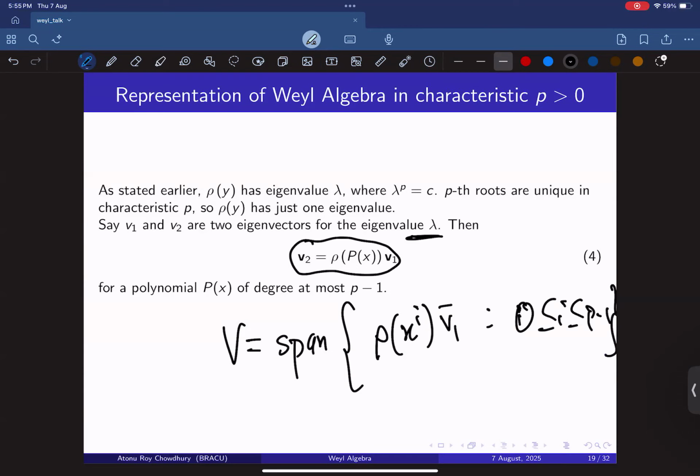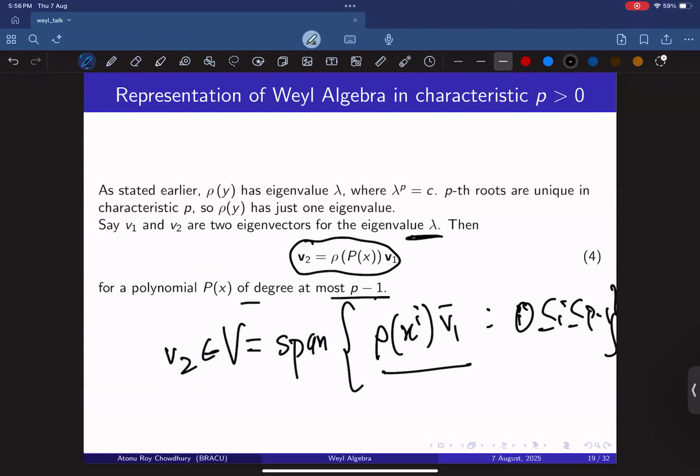So since v2 is in this vector space, v2 is going to be a linear combination of these. That means v2 is going to look like rho of some polynomial in x of degree at most p minus 1, acting on v1. And our goal is to find out what exactly is the relationship between two eigenvectors.